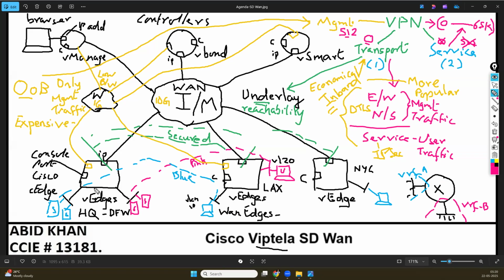Same way, if you define multiple service VPNs, by default there won't be any communication between them. If we understand what a VRF or a VLAN is, then a service VPN is similar.